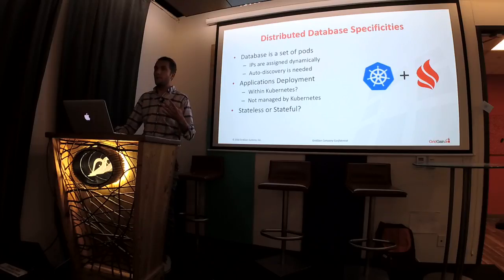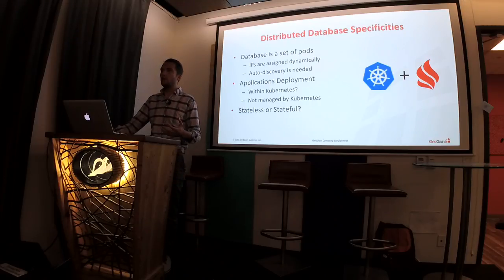Kubernetes, as we know, assigns IP addresses at runtime when you start your pod, which brings some challenges for distributed databases, because all the nodes of our distributed storage have to find each other somehow, and by default they don't know each other's IP addresses. So that's actually something that has to be solved by a database engineer.